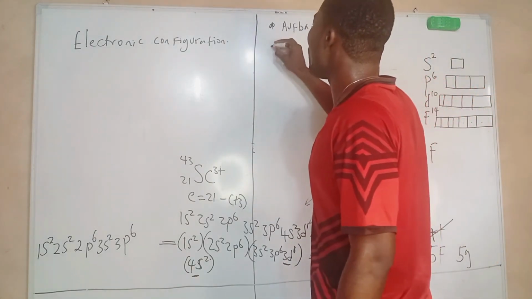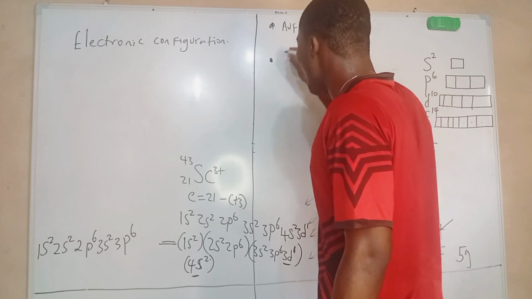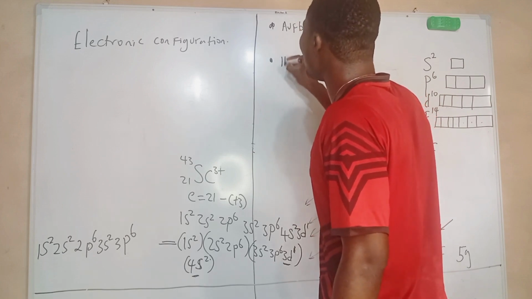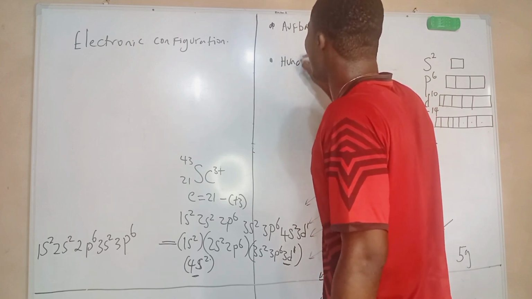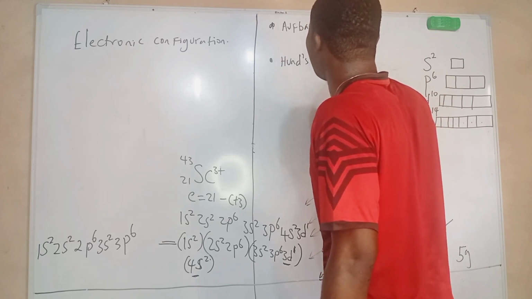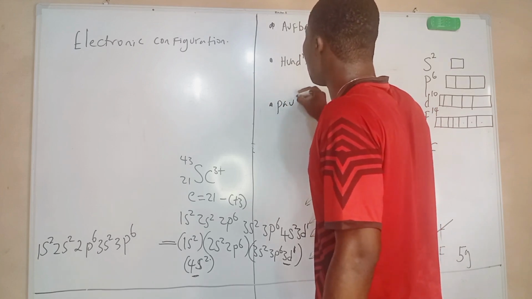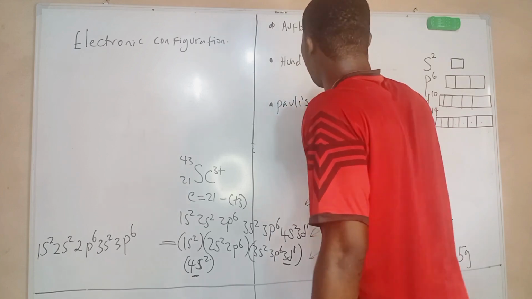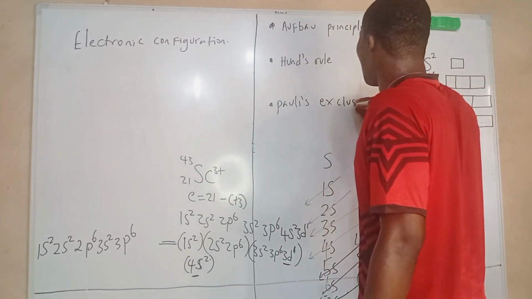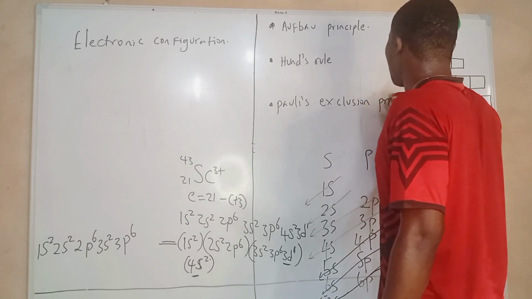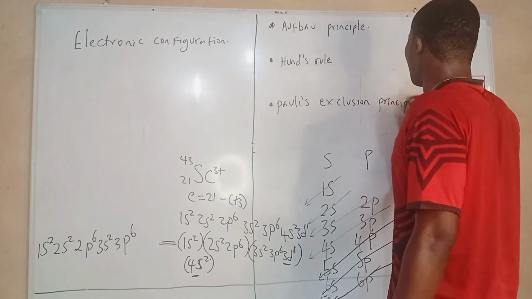We have to look at Hund's rule of maximum multiplicity, and Pauli's exclusion principle.